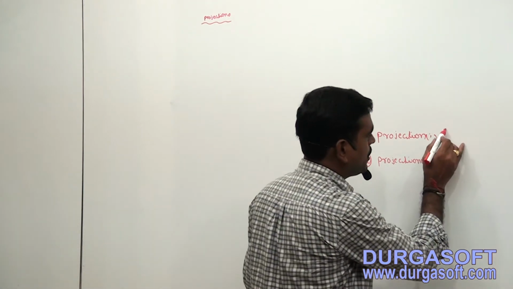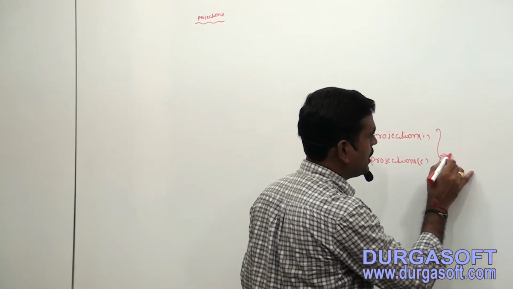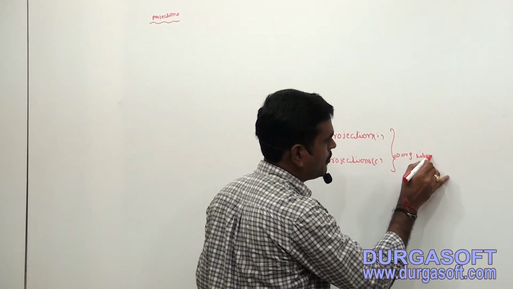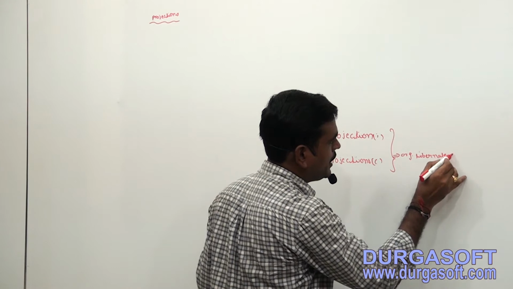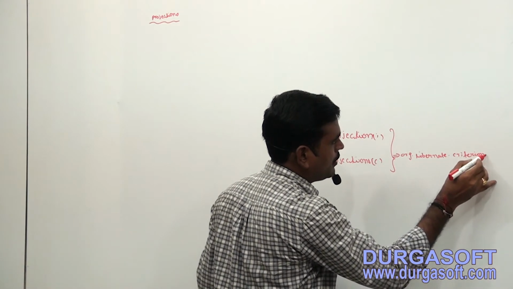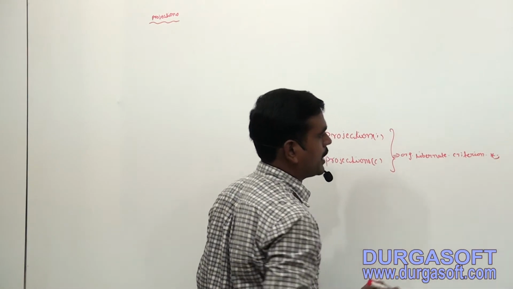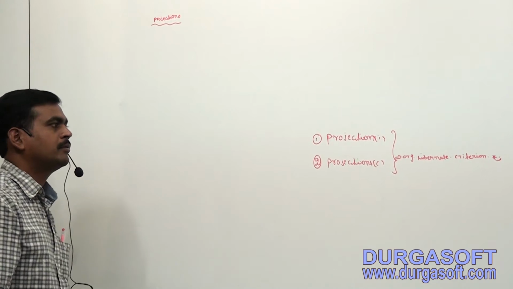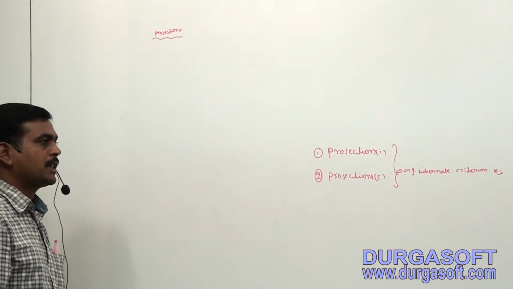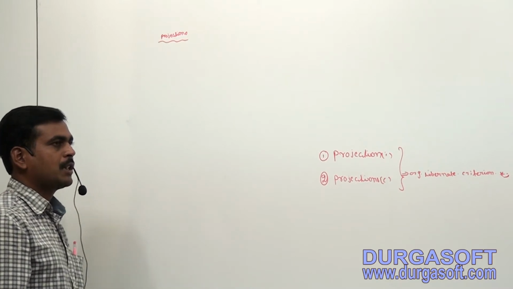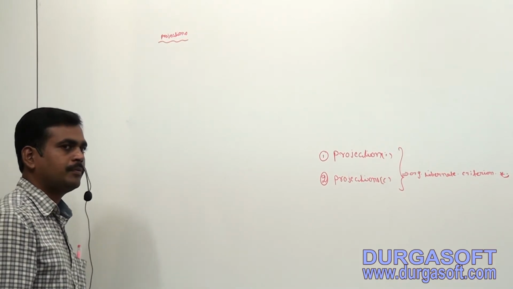Both are available in the org.hibernate.criterion package. Now we need to get the projection object, and that projection object we can add to the criteria.